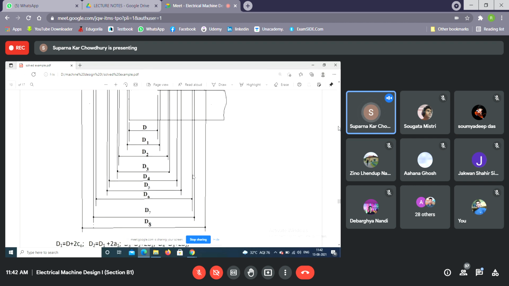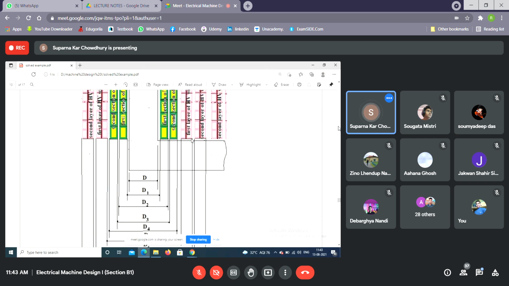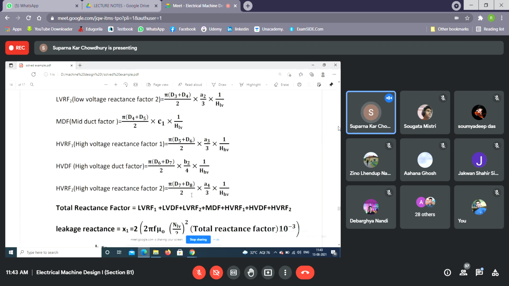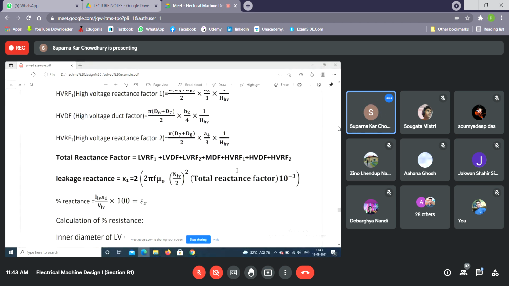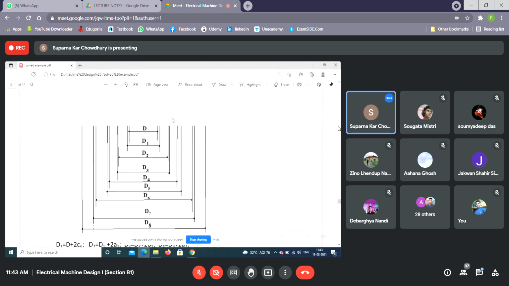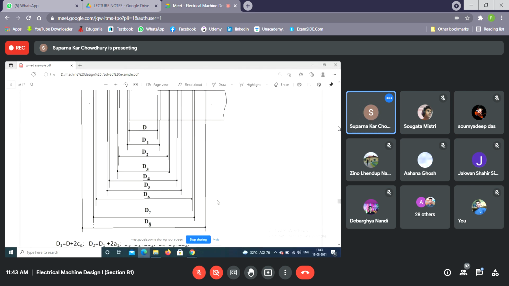So you will have diameters up to D6 instead of D7. Obviously, when you calculate the reactance factor, you will have it up to this, not these two. Otherwise, you will consider the same formulas independent of the type of winding.